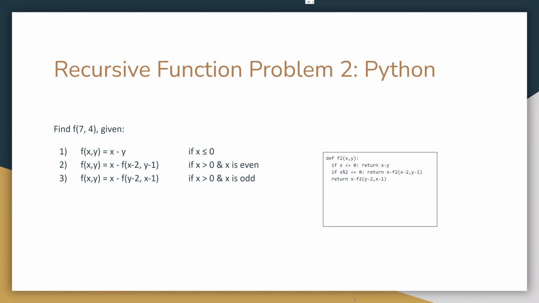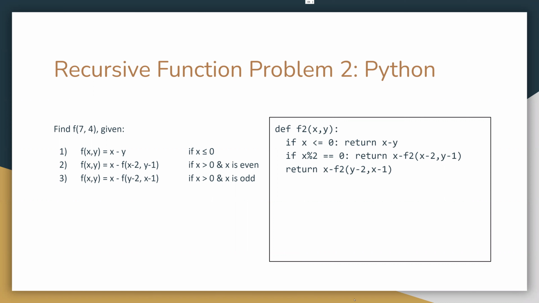Again, if we write this out in Python, this is how we would implement that. If it is equal or less than 0, we return that.